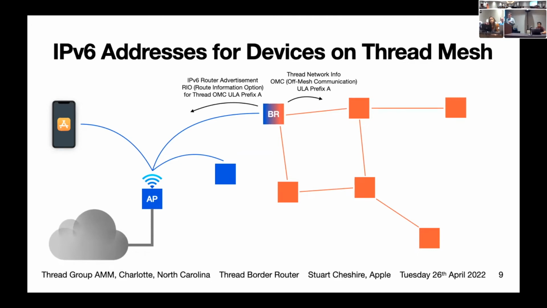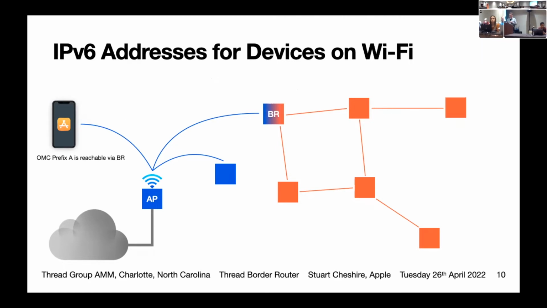And that tells all of these blue nodes that if you have a packet addressed to prefix A, don't send it to your ISP, don't send it to the default gateway, because it won't know what to do with it. Send it to the border router, because that is the router that has authority and offers reachability to that prefix. And when that router advertisement is sent out, devices on the Wi-Fi receive that and store that in their routing table. And now they know how to reach prefix A.